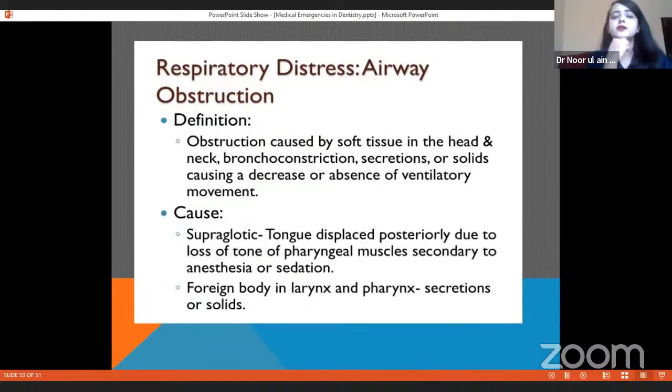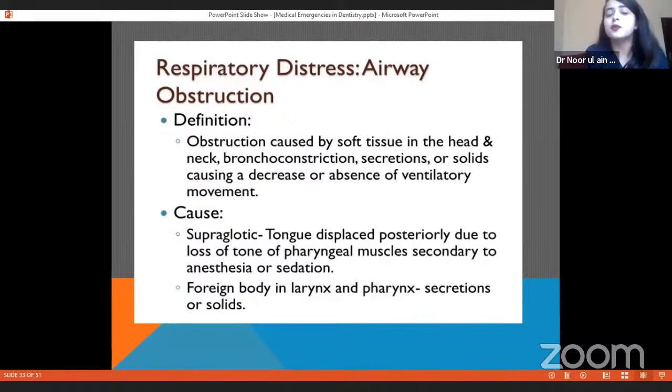So the airway obstruction in respiratory distress is obstruction caused by soft tissue in head and neck, bronchoconstriction, secretion, or solids causing a decrease or absence of ventilatory movement. The causes are supraglottic: tongue displaced posteriorly due to loss of tone of pharyngeal muscles secondary to anesthesia or sedation.